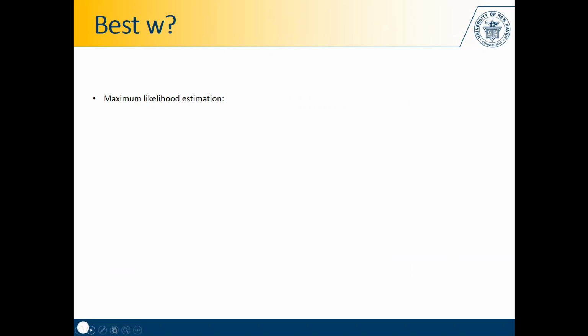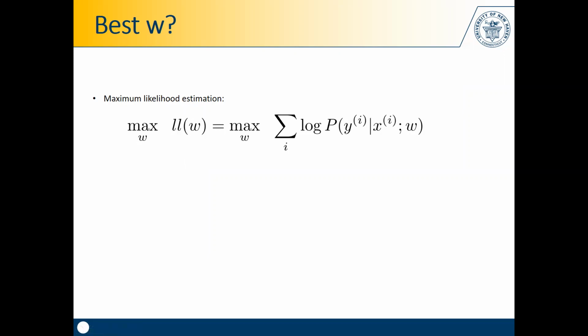So remember maximum likelihood for naive Bayes. In here, we want to find a maximum likelihood formulation that helps us find the most likely W's, the most likely weight vectors, or the weight vectors that maximize the probabilities of the correct classes.